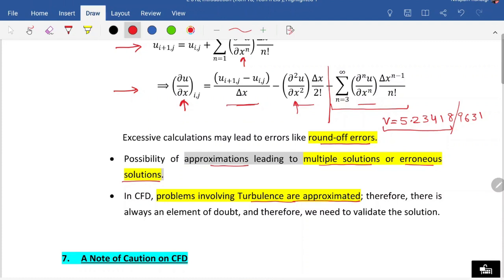Because whenever you try to solve turbulence, you do averaging. And averaging leads to unknown parameters.